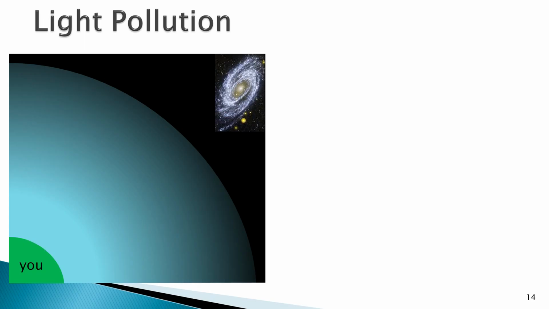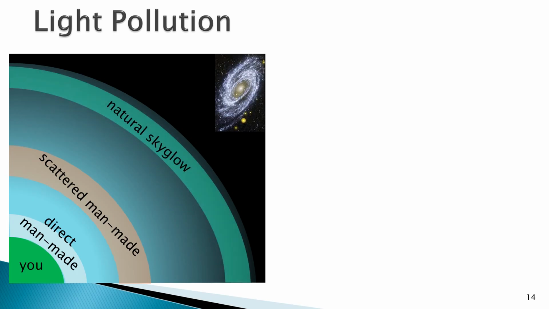The most obvious source of light pollution comes from man-made outdoor lighting, some of which illuminates our view directly, and some illuminates the sky by scattering off dust and moisture in the atmosphere. There is also a naturally occurring component of light pollution, generally referred to as sky glow. This light is emitted by atoms in the Earth's upper atmosphere that are energized by the sun's UV rays during the day.